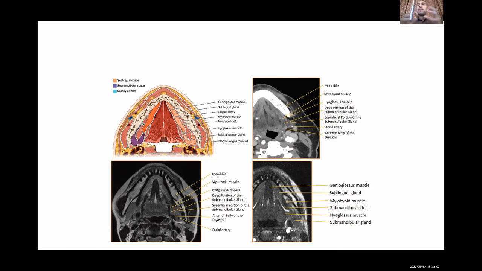So the incidence of stones in the submandibular gland is higher compared to the parotid gland, and it is affected by alcohol. We have here the hyoglossus and the duct coming between the hyoglossus and the mylohyoid muscles.